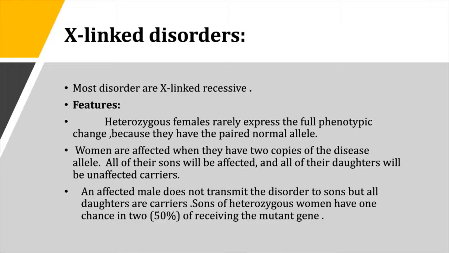Like autosomal recessive inheritance, a woman will be affected if both alleles are mutant. If a woman is affected, both copies of the gene must be defective, and all of her sons will be affected and all her daughters will be unaffected carriers. If a male is affected, he does not transmit the disorder to his sons, but all the daughters are carriers, and the sons of a heterozygous woman have one chance in two of receiving the mutant gene.